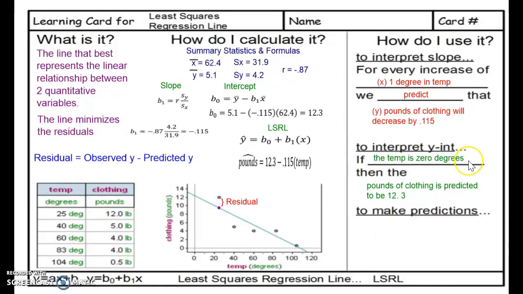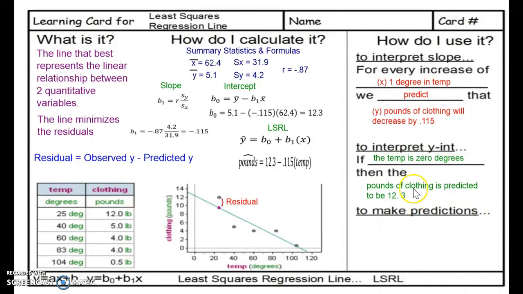Well, if a person is 0 inches tall, then they don't exist. So sometimes the y-intercept has meaning, like it does in this example with the temperature and the clothing, and sometimes it does not have meaning. And if you were asked to interpret the y-intercept and it doesn't have meaning, then you would just say it doesn't have meaning because, using my example, a person cannot have a height of 0 inches.